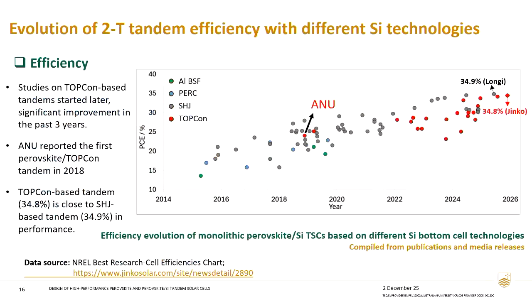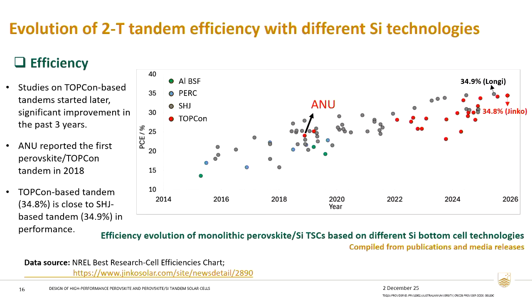So this chart shows the evolution of the two-terminal tandem efficiency with different silicon technology. This efficiency is collected from efficiency charts as well as some news media. So it probably won't be complete, but it covers the majority of the key breakthroughs in the field.